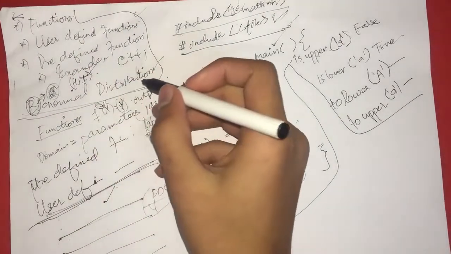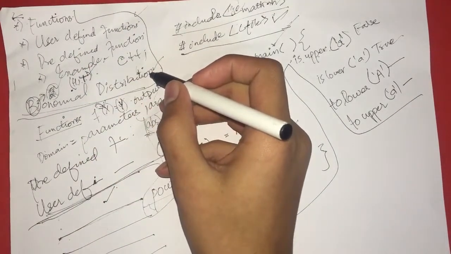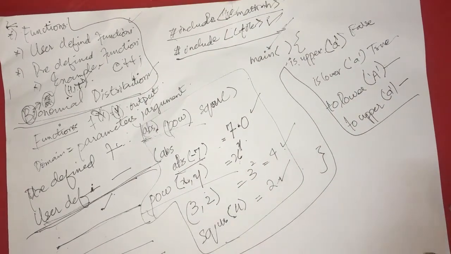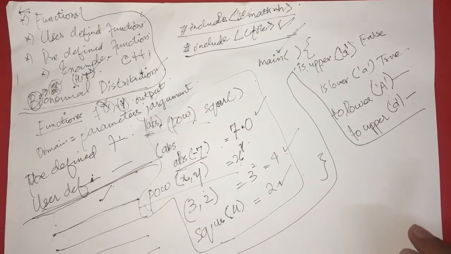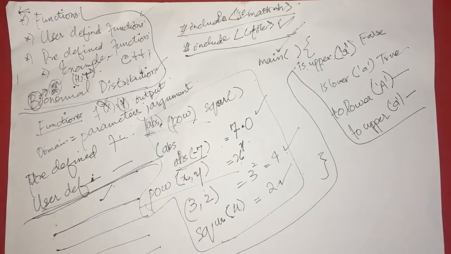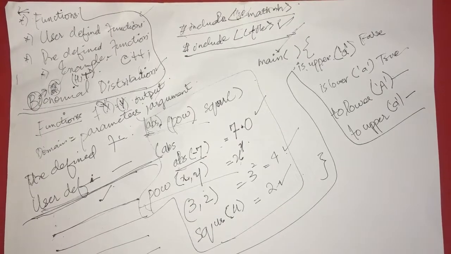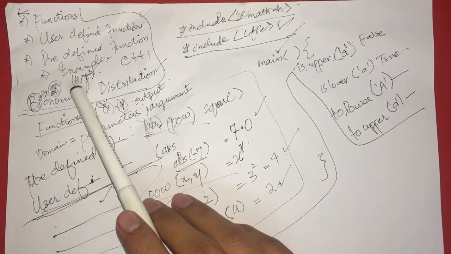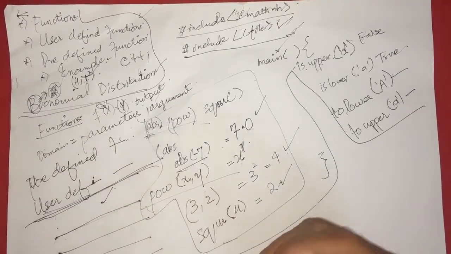So, binomial distribution. What we learned today in class was, for example, you have a question where they ask you to calculate the probability of getting 4 heads or 5 heads when you throw a coin 2 times or 3 times.